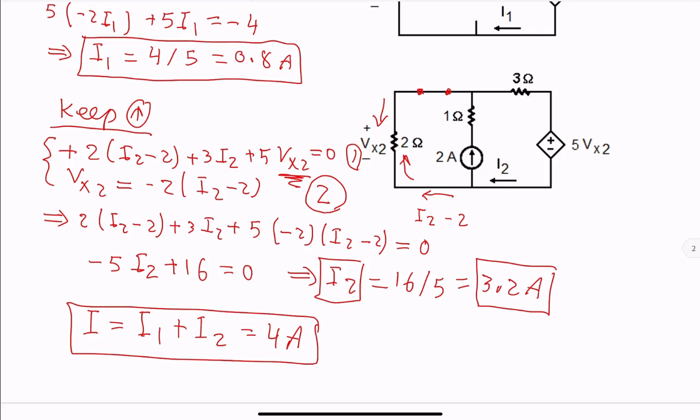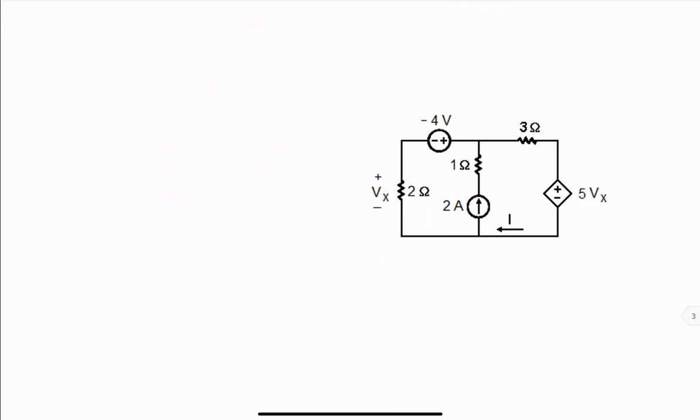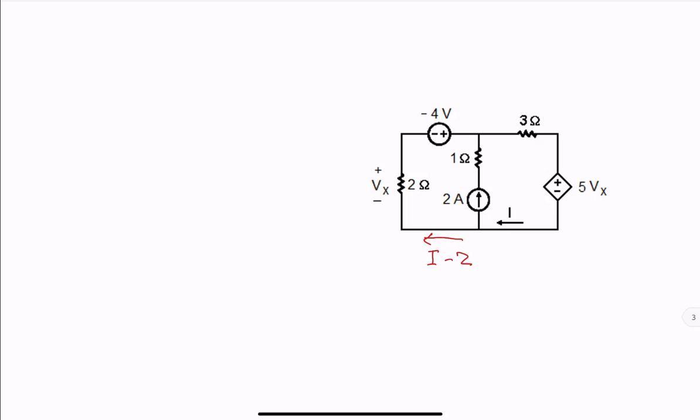To observe that, let us solve the original problem without using superposition. Down here, current is I, so subtract 2 from it, Kirchhoff's current law. Current moving left is I minus 2. Write the equation for Kirchhoff's voltage law applied to the outer loop.